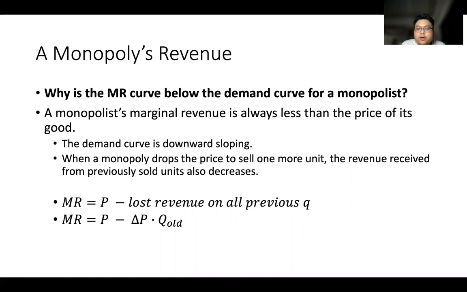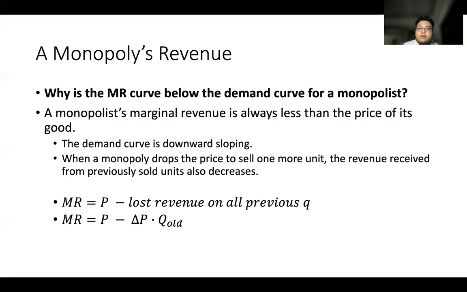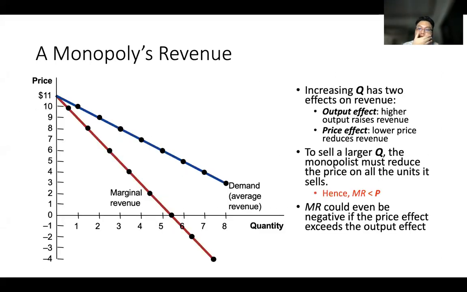So MR equals price minus the lost revenue on all previous Q. There are two opposing effects for the monopoly when it wants to increase Q. If it increases Q, it lowers the price, and if it lowers the price, it reduces revenue, right? That's why the additional revenue that the monopolist can obtain from increasing an additional quantity gets smaller.